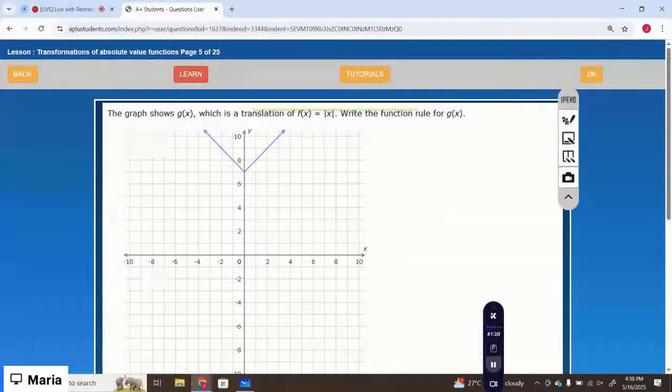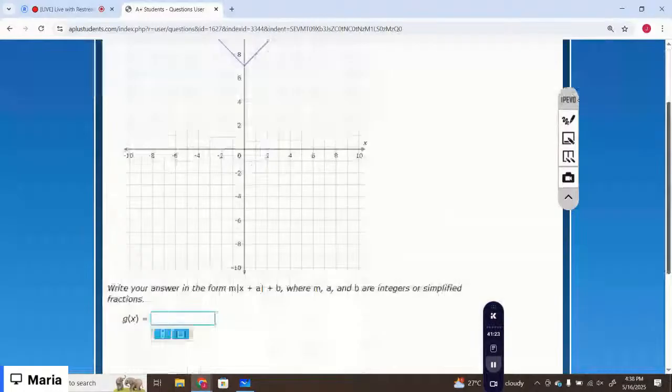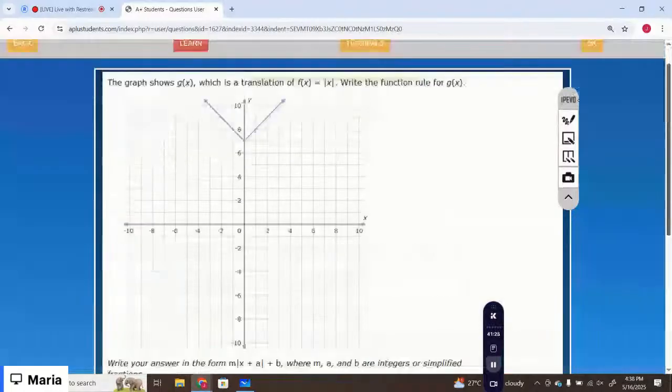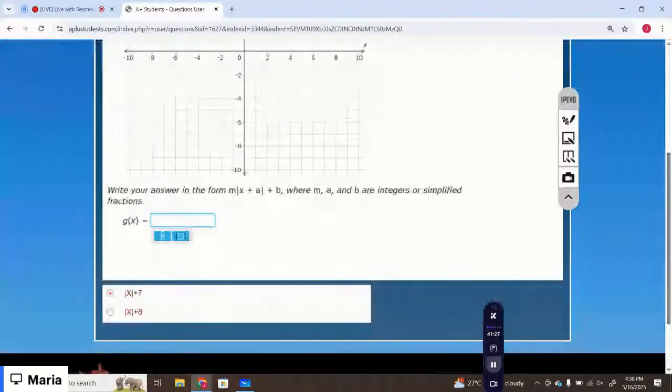The correct option is option number one. That is absolute value of x plus 7.